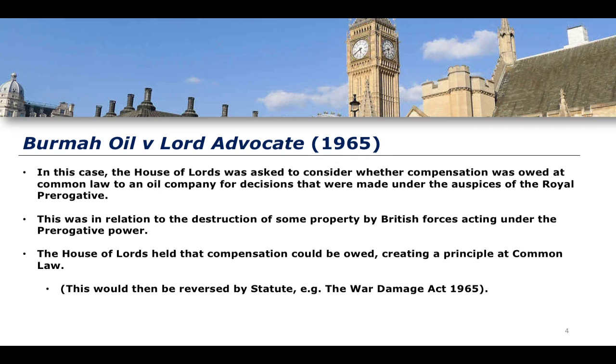Parliamentary sovereignty states that Parliament has the ability to make and unmake any laws they so choose. And so if the government believes that this decision is not in accordance with what they want in terms of their obligations under the common law, they can get a piece of legislation through Parliament which overrules this particular concept.